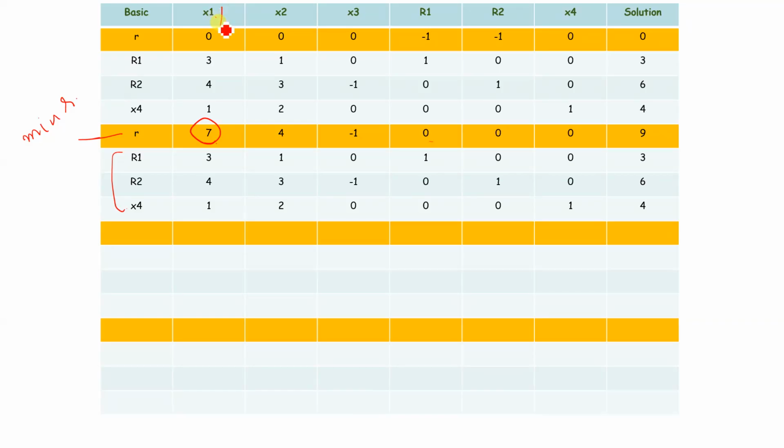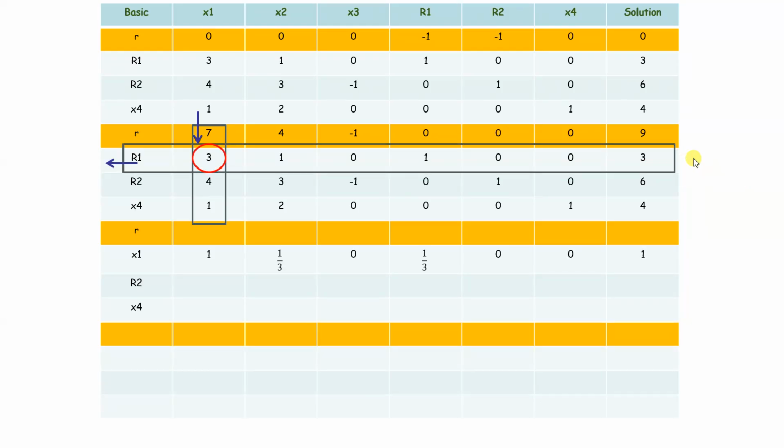This indicates that x1 would be the entering variable. Now, in order to decide the leaving variable, we have to find ratios. 3 over 3 is 1, and similarly 6 over 4, which is equal to 3 by 2, or 1.5 you can write, and here we have 4. The least one is this. It means the leaving variable is R1.